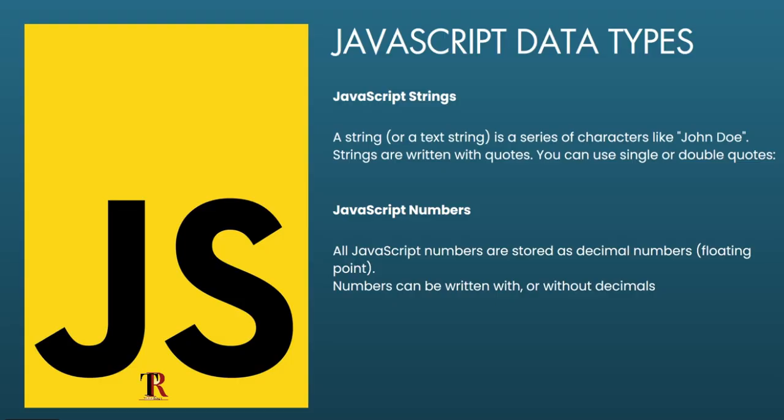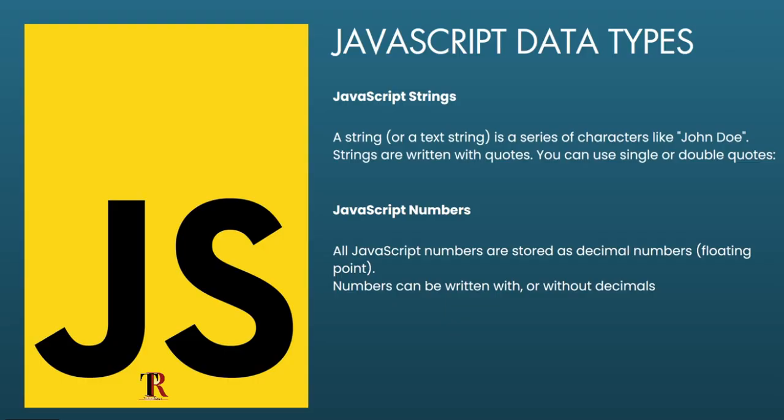Now, something that is very important about a string is that it can either use a single or double quote. Anything you see with quotes in JavaScript is a string because strings are written with quotes.